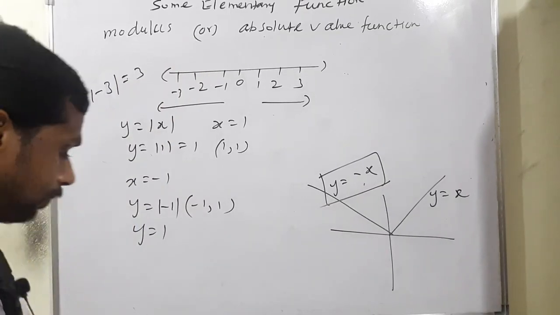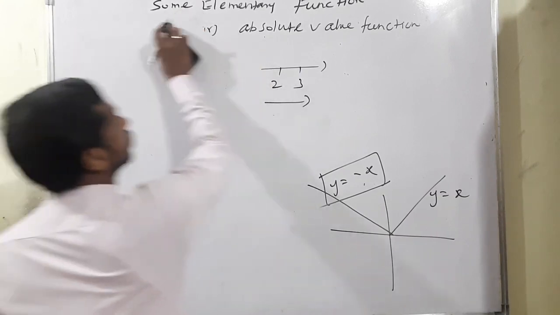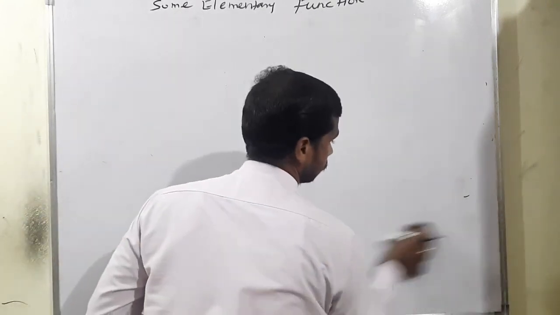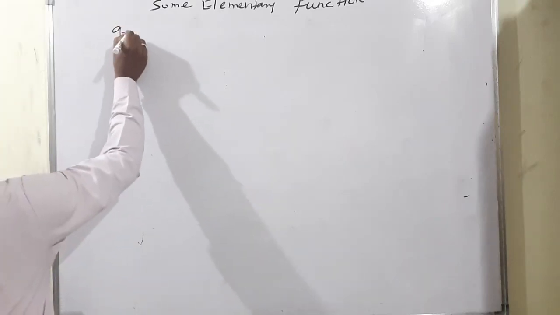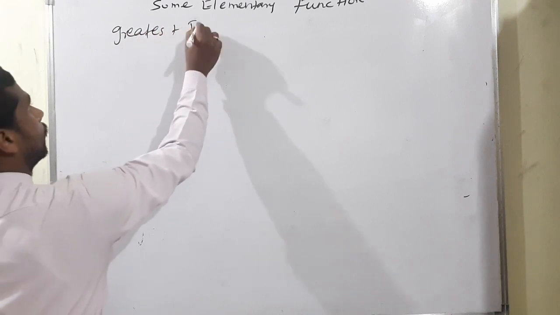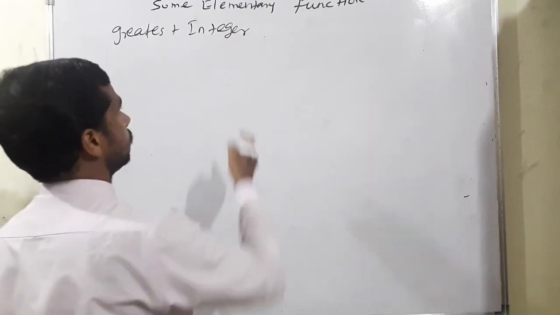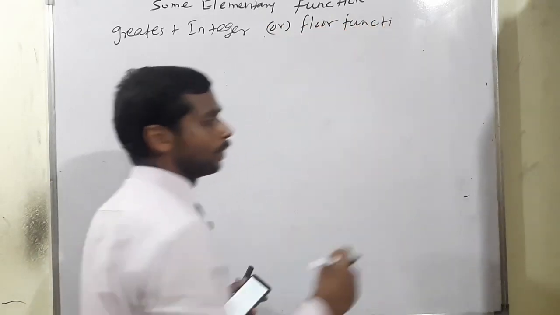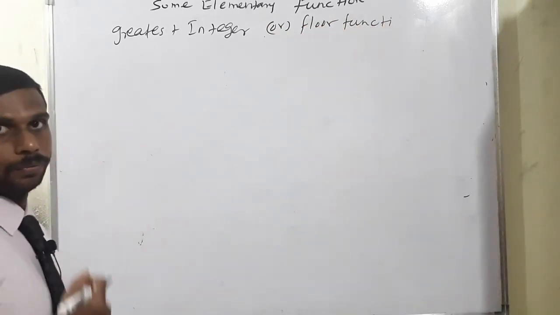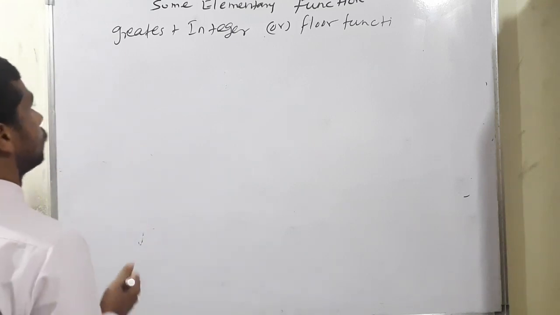I am moving to the next one. The next one in your book is the greatest integer function, isn't it? Another name for the greatest integer function is the floor function. We mostly use the word greatest integer, not floor, but just keep in mind that floor is another name for the greatest integer function.